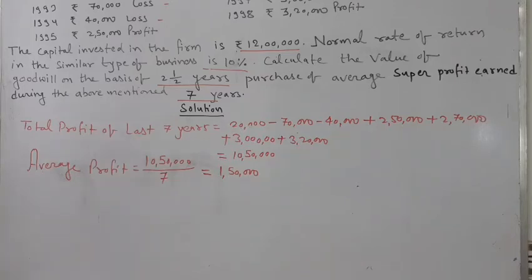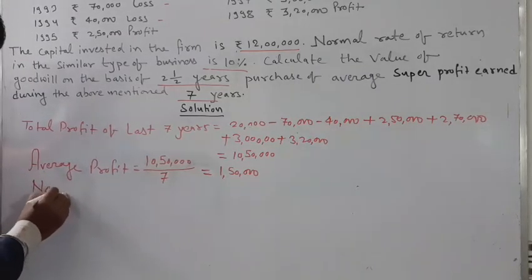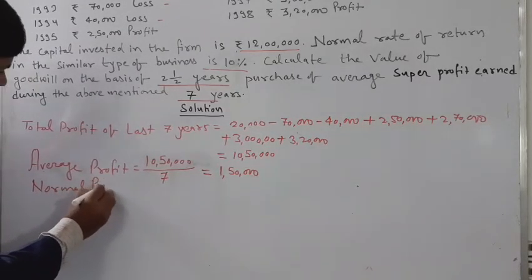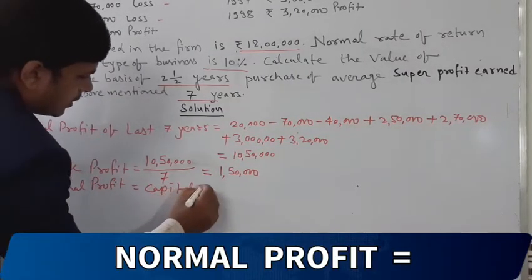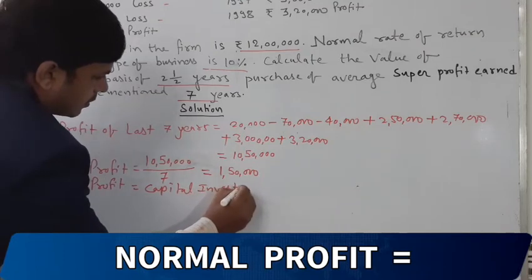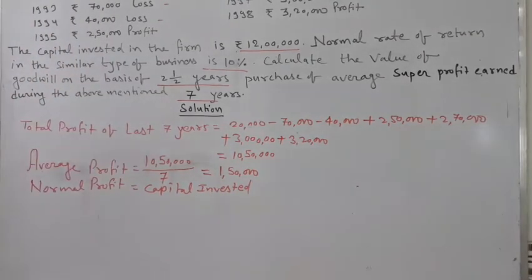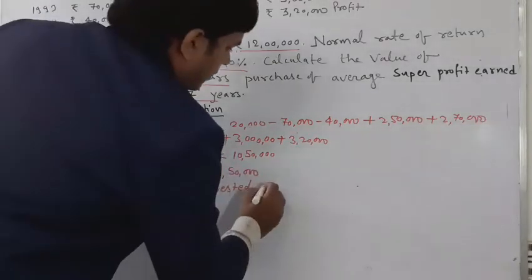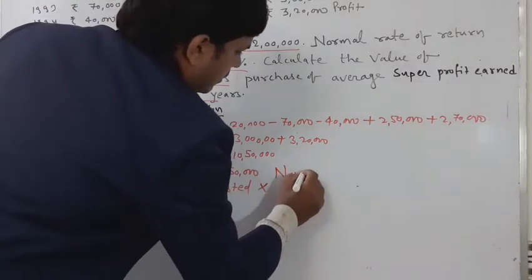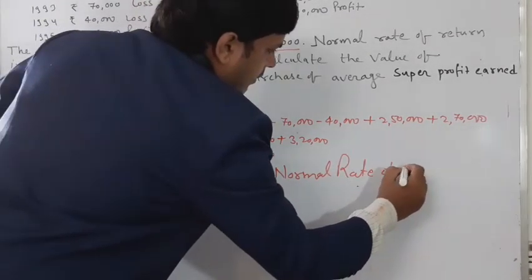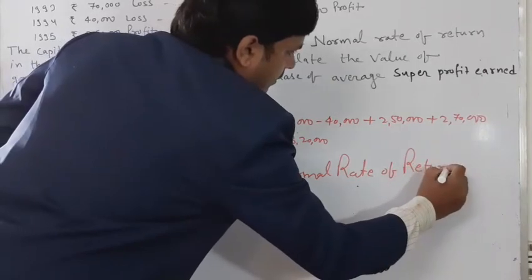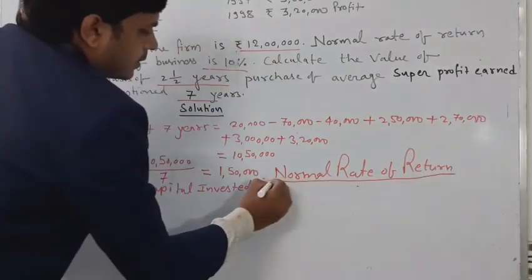Normal profit is equal to capital invested into normal rate of return divided by 100.